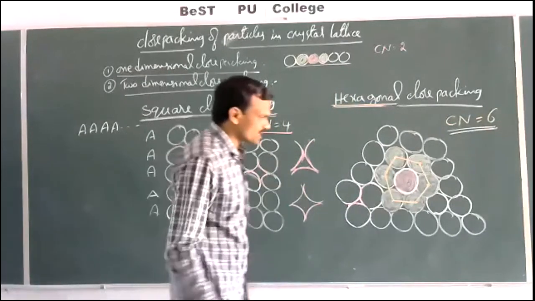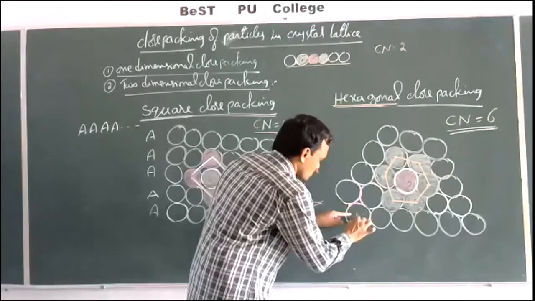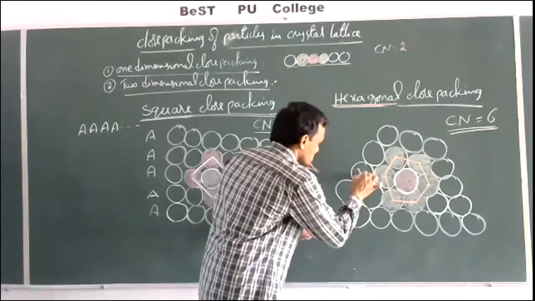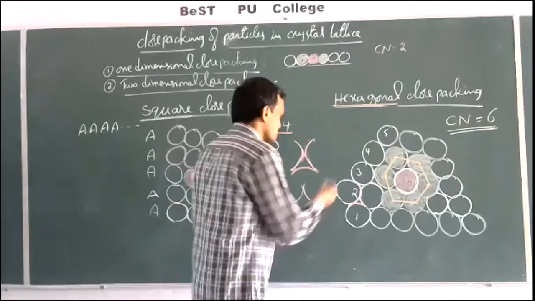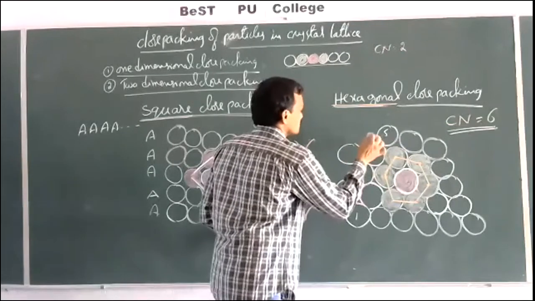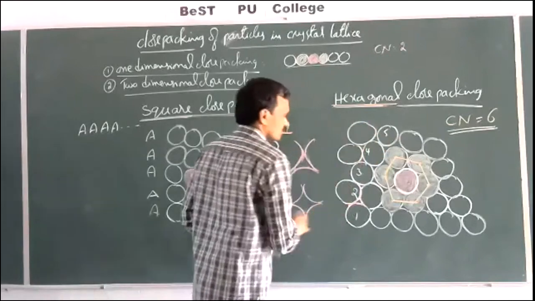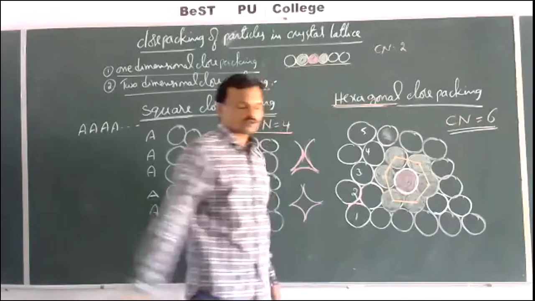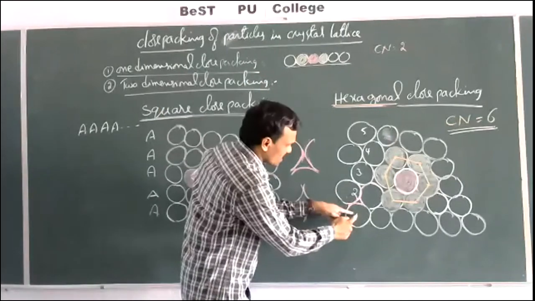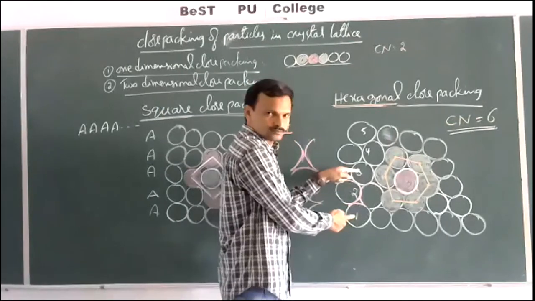And if you observe clearly here, this is the first row, this is the second row, third row, fourth row, fifth row, like this. So I'll extend here. If you observe clearly, the first row is exactly similar to the third row.